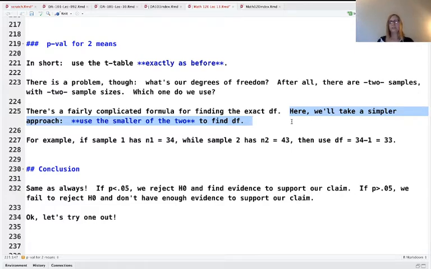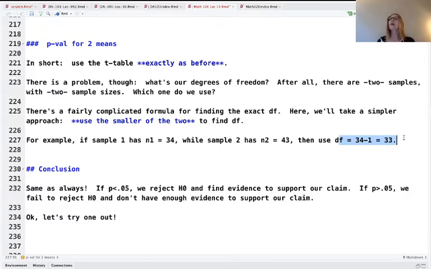If the sample sizes are not the same, pick the smaller one and use that to find the degrees of freedom. For example, if our first sample has a sample size of 34, and our second sample has a size of 43, then we'll use 34, and that gives me a degrees of freedom of 33. Easy peasy, just use the smaller one.